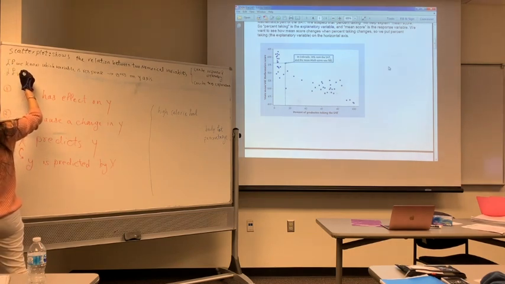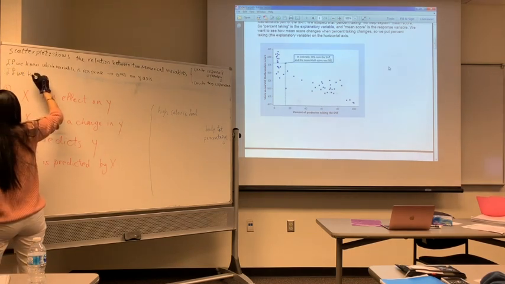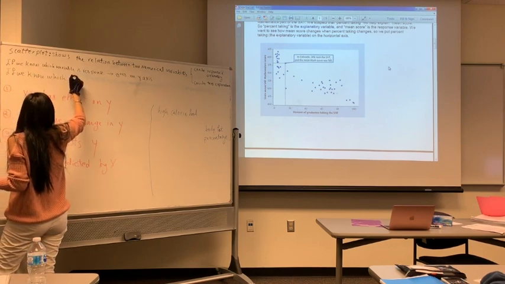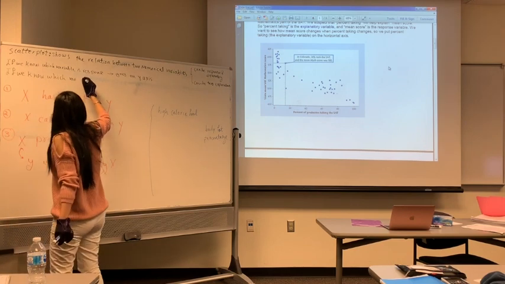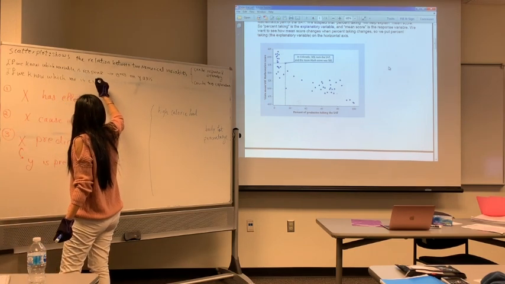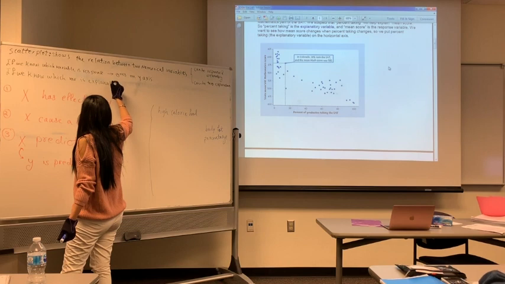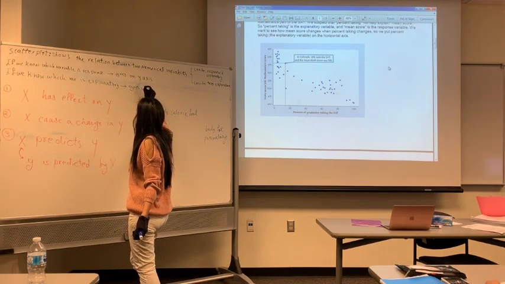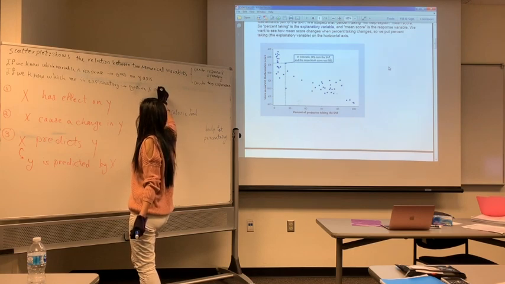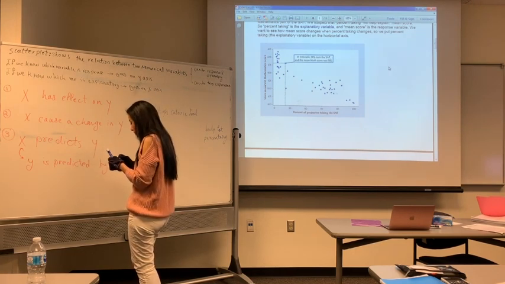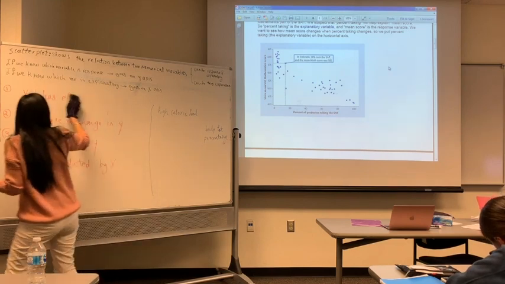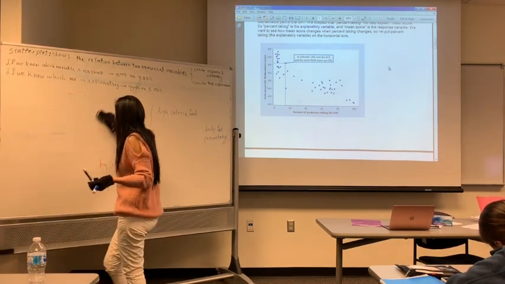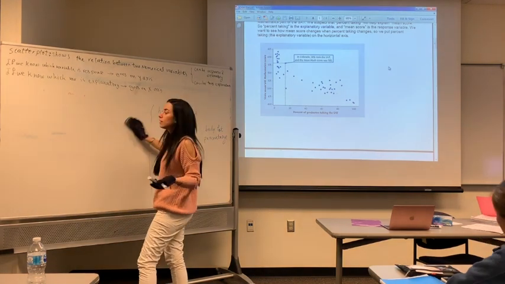If we know which variable is explanatory, it goes on x-axis. Then I said each point on this graph shows one individual, right?